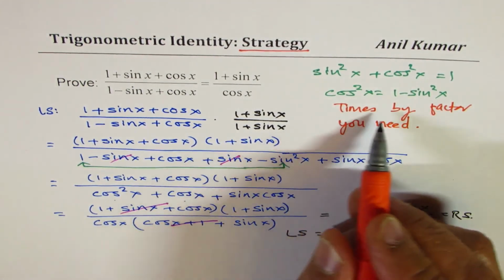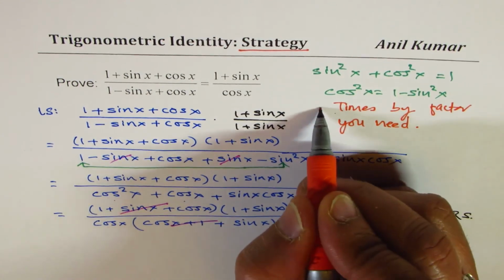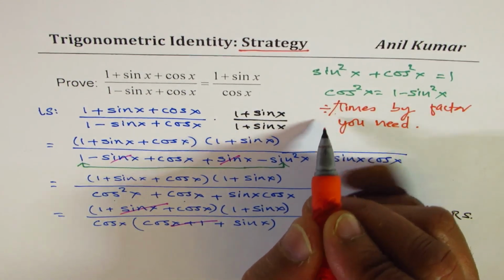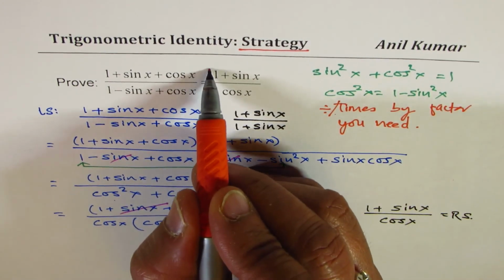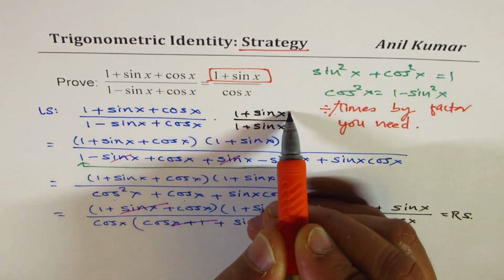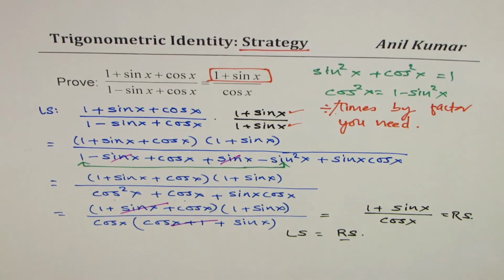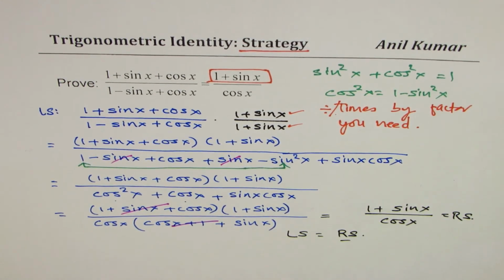So of course when you times, you have to times and divide also, right? Times and divide by the factor you need, as we did in this particular case, right? So that is how you solve such questions. Otherwise, this question could be very difficult to solve.